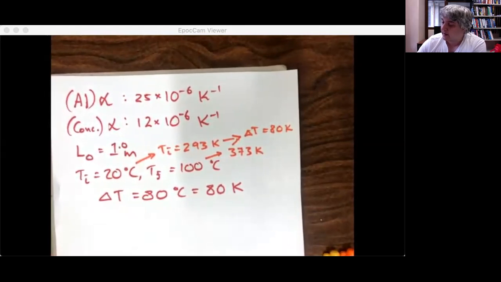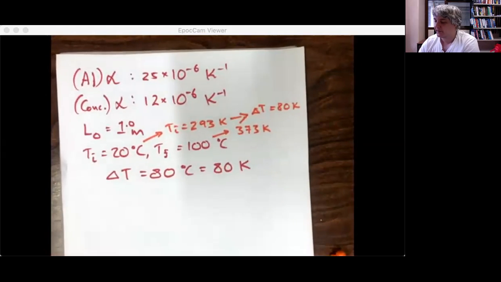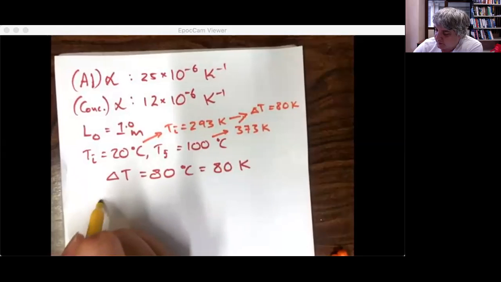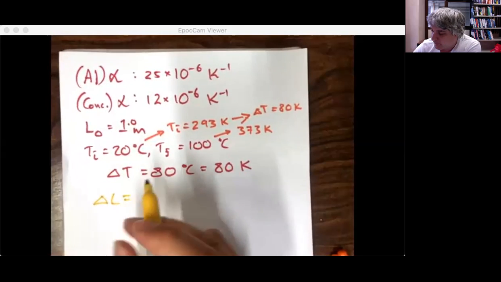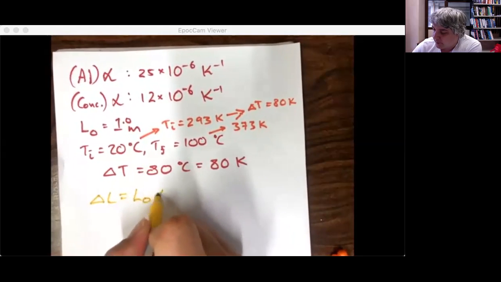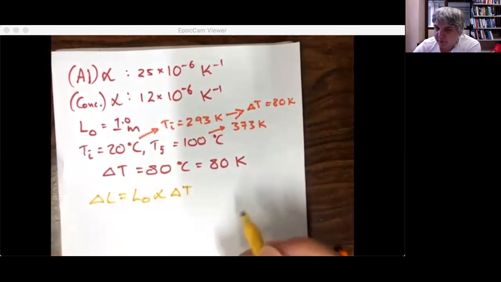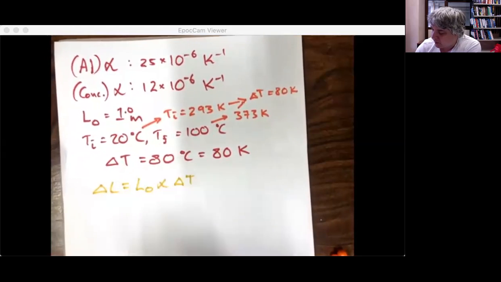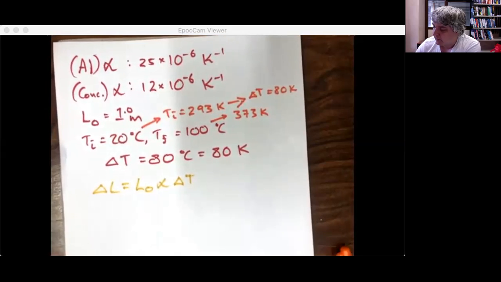So then we can just calculate our results, and this is a very straightforward formula. As I said, the change in length is equal to the original length times alpha times the change in temperature. So for concrete and for aluminium, we just plug those values in.